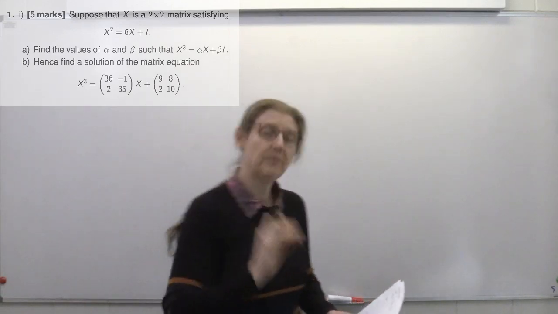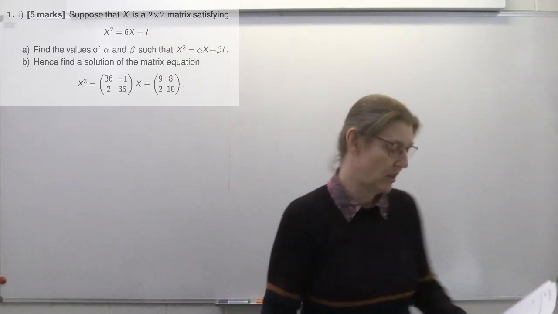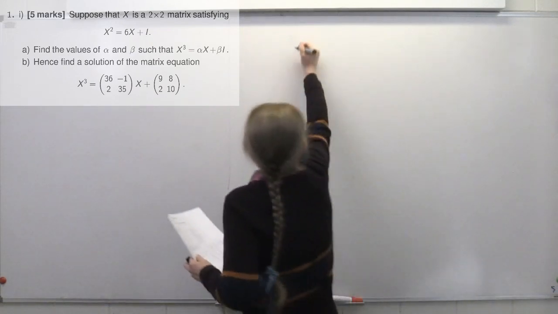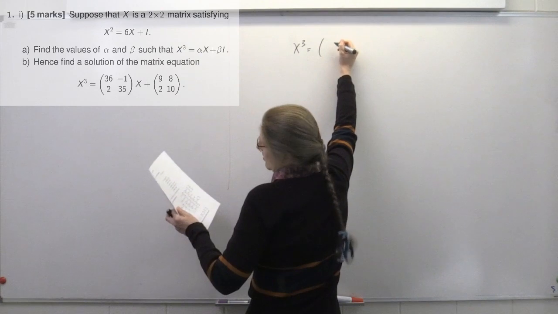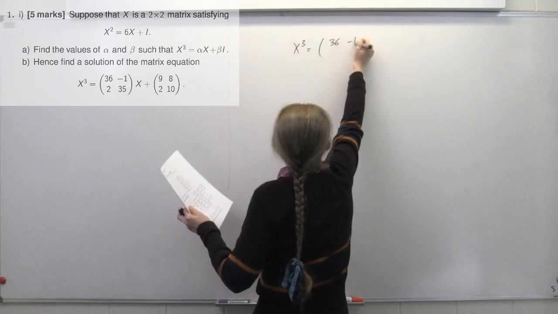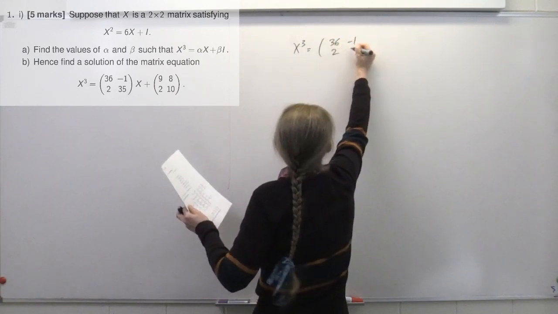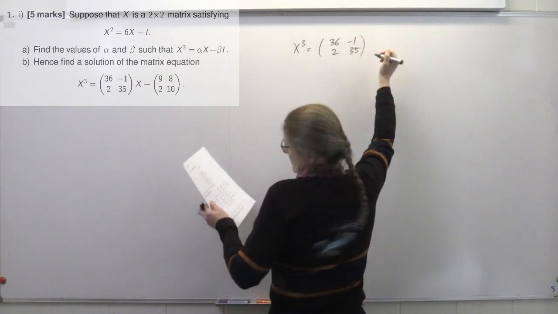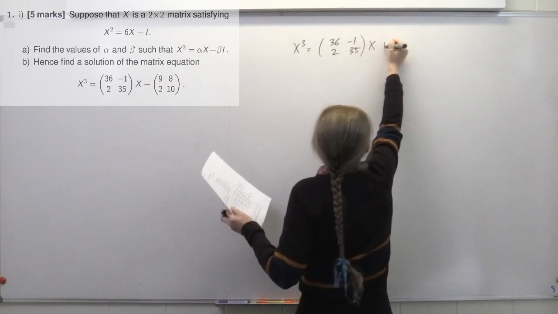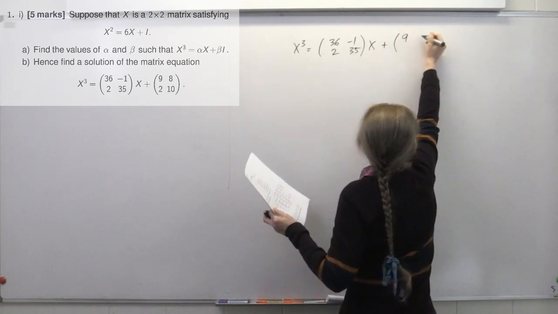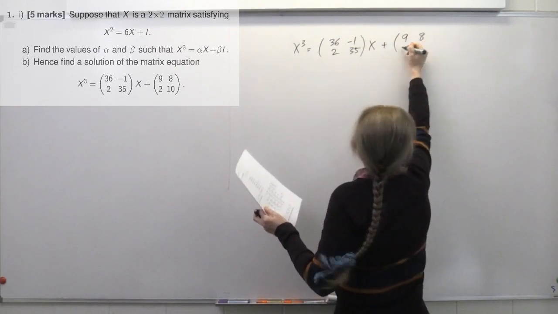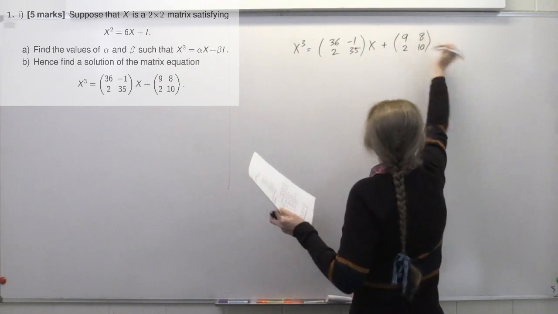Okay, so hence find a solution to x cubed is equal to this 4 by 4, 36, minus 1, 2, 35, x plus another 2 by 2, because they have to be in order to add, 9, 8, 2, 10.